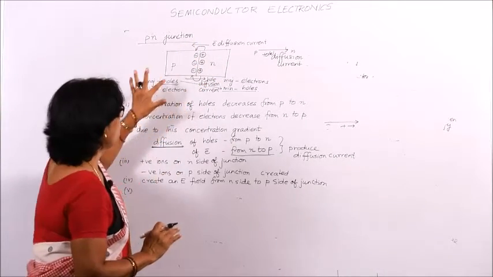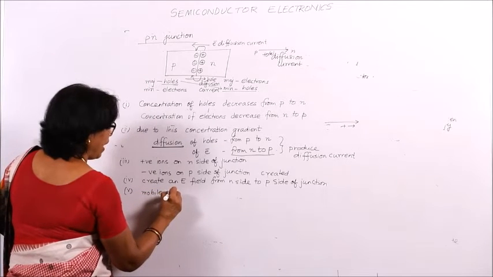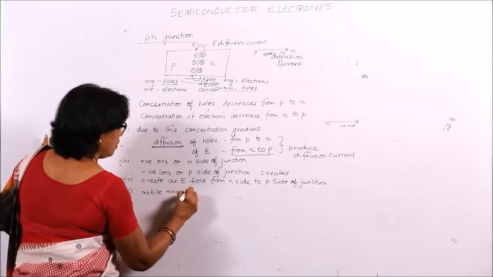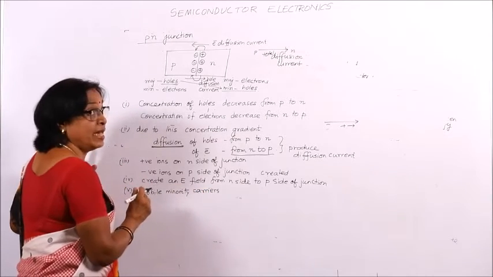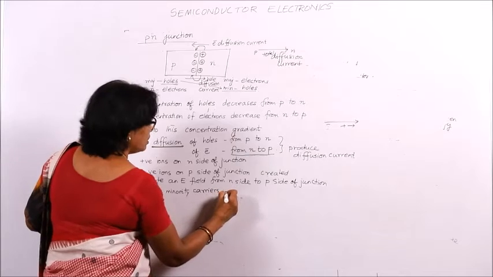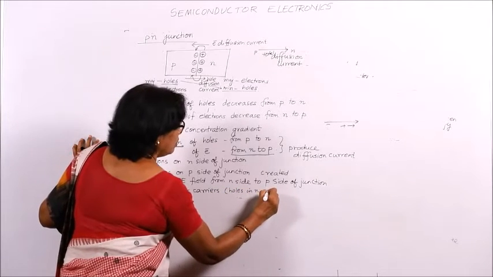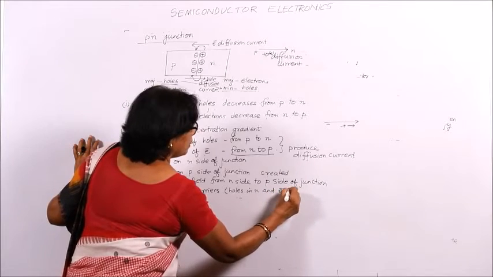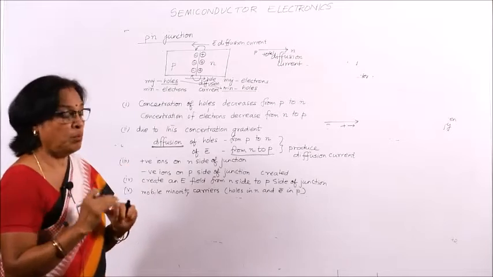So which are the mobile minority carriers? The minority carriers are holes in N and electrons in P. These are minority in number, very few.